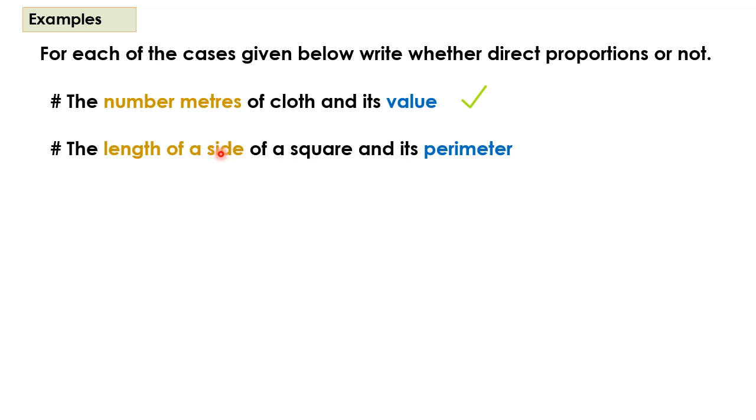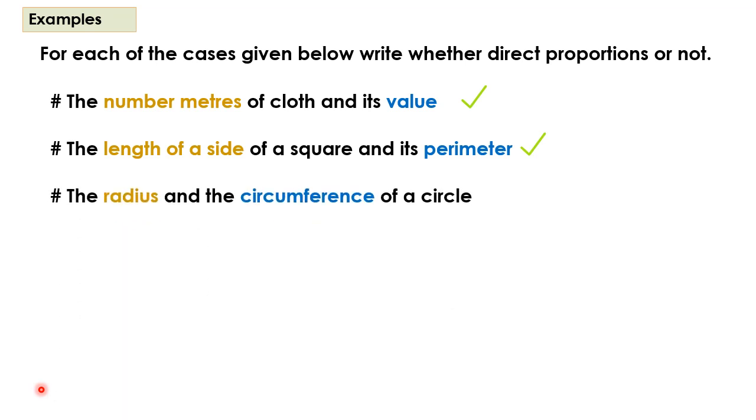Suppose if the length of a side is 2 centimeter, the perimeter is 4 times 2, 8 centimeter. Therefore, once again it is clear the ratio of the first quantity 1:2, here to perimeter 4 to 8, once again 1:2. Therefore, here too, when one quantity increases, the other is also increased by the same ratio. Therefore, second statement is also direct proportion.